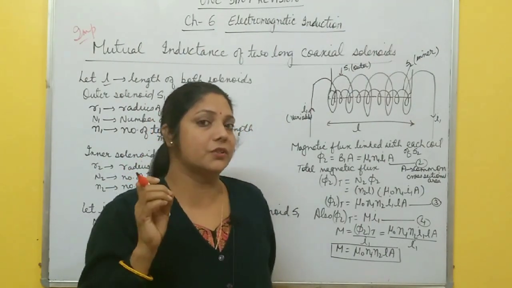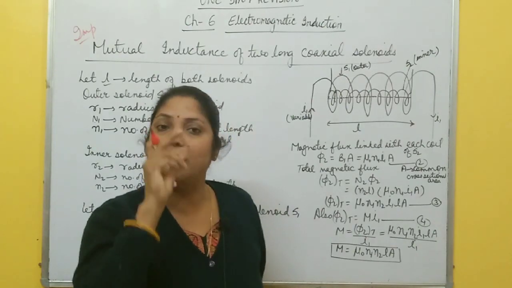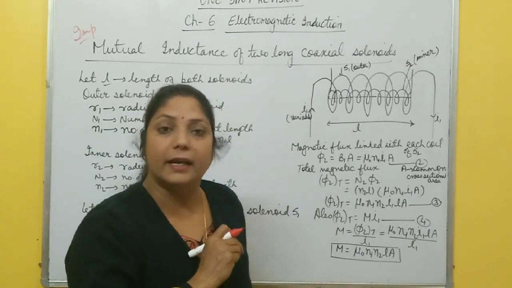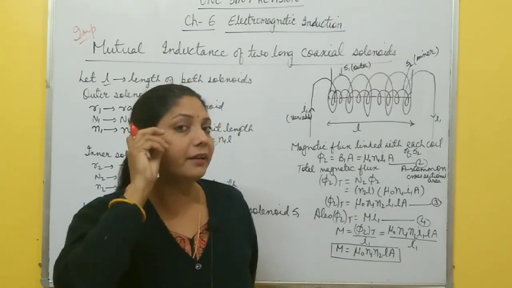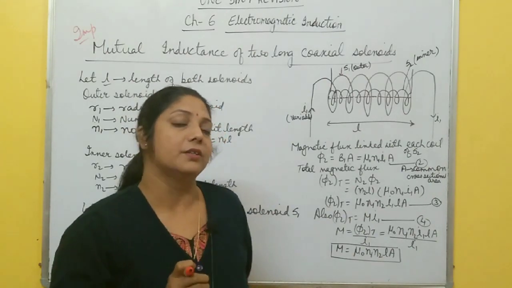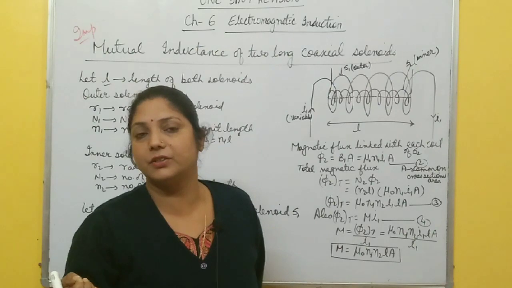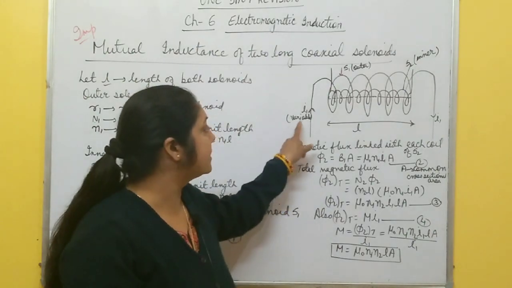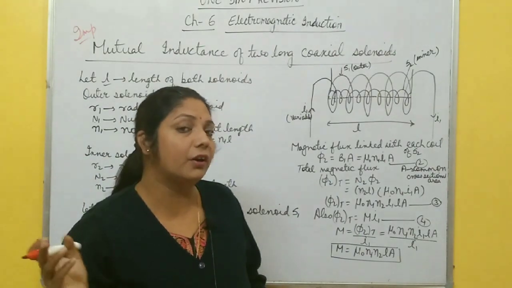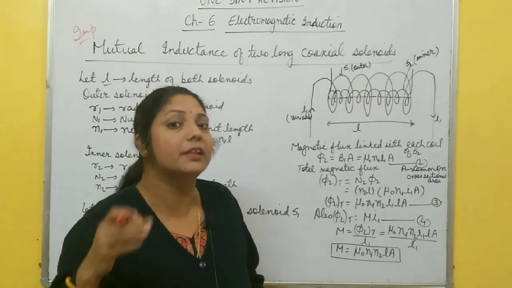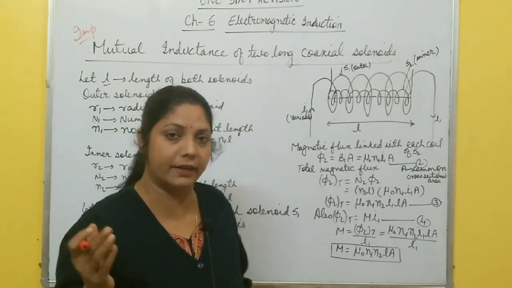Inside the solenoid along the axis, a magnetic field is set up, and that magnetic field we already discussed in chapter 4, magnetic field inside the solenoid, right? And if this current is changing, then the value of the magnetic field and also the magnetic flux linked with the outer solenoid changes.